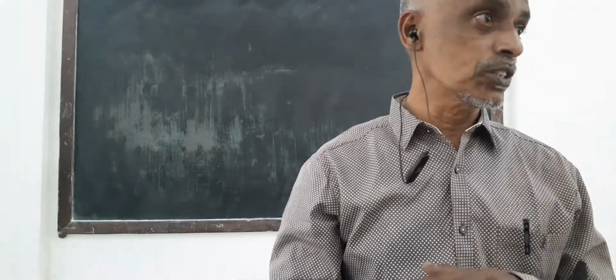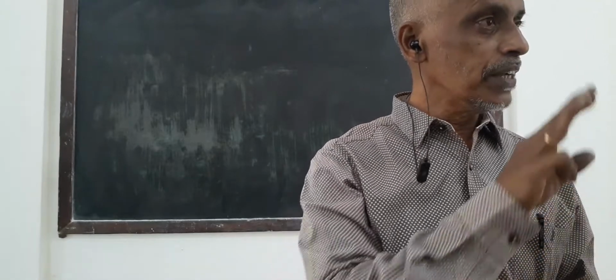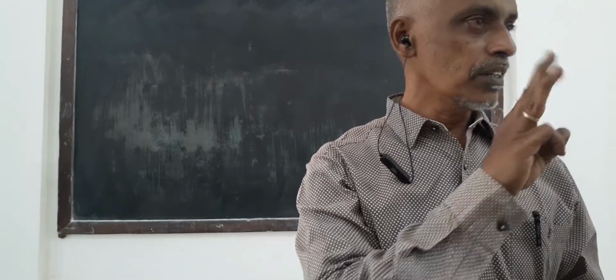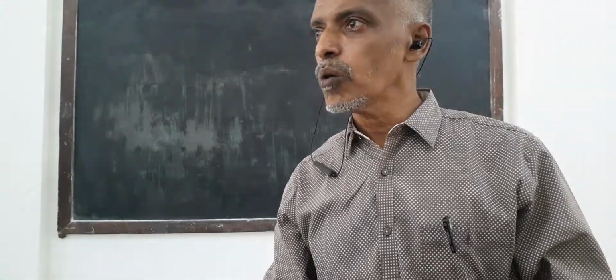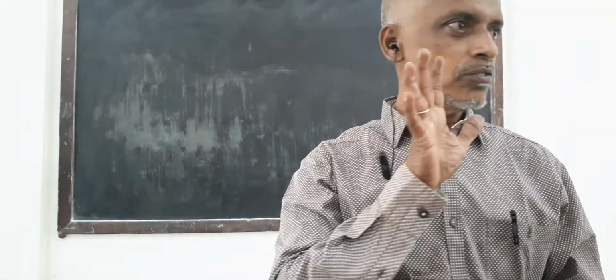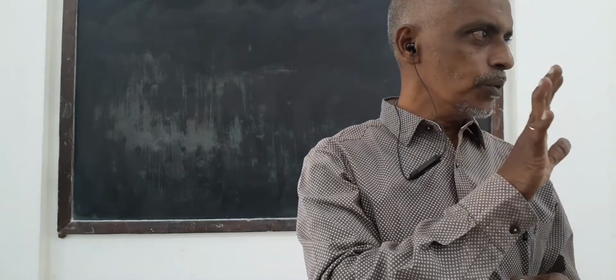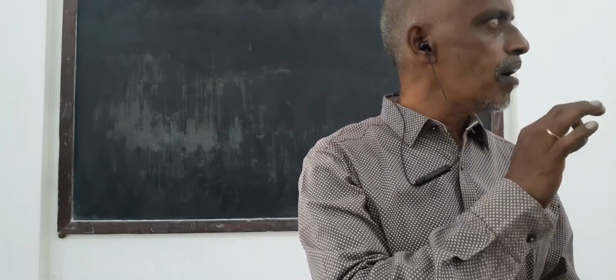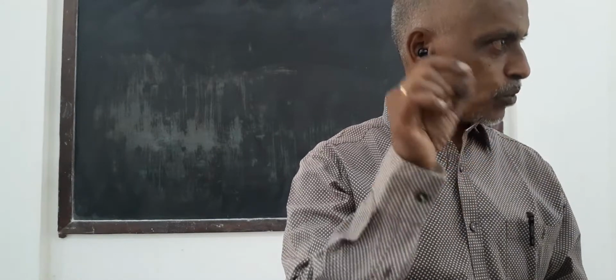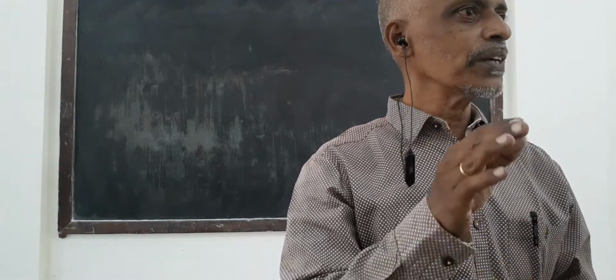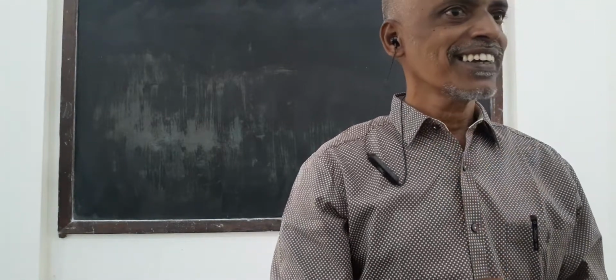In the examinations, as you know well, we have 3 hours. Part C, how many questions do you have? 5 questions. If you take half an hour to solve this problem, and if you get the answer, it's okay.